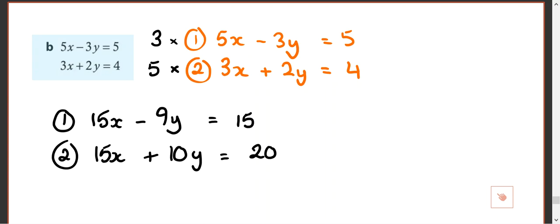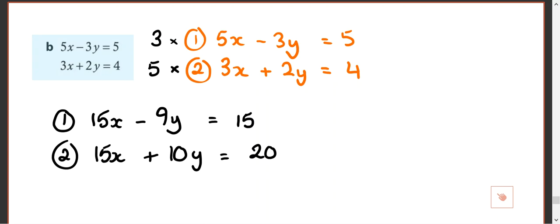The answers, though, are different: 15 and 20. Therefore, the change in the y from minus 9y up to plus 10y must be what caused the change in the answer. Does that make sense? Yeah. So I've eliminated x as a cause of the change in my answer.